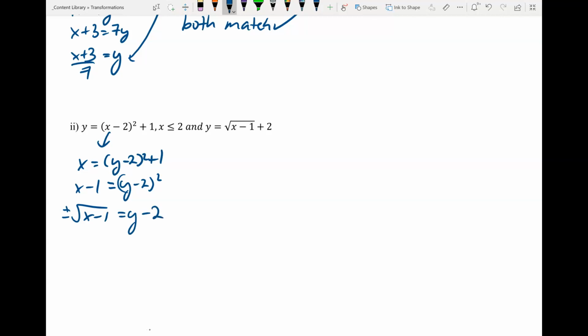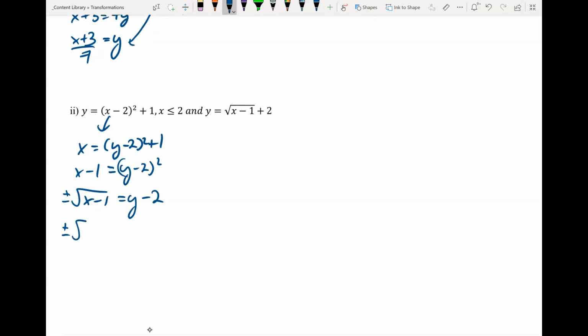And then add 2 on both sides. And then we need to compare between these two. Are these the same? They're not. This is a plus or minus the root of x minus 1. This is just the plus version. So it's not the same.